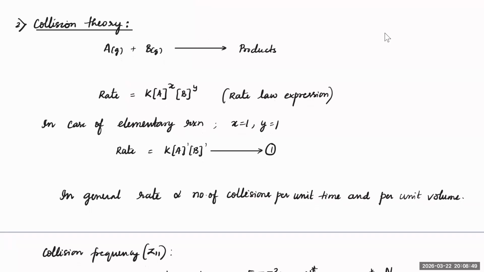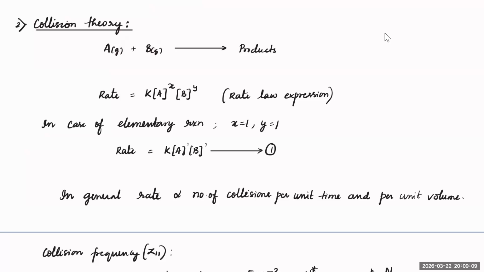Now, this was more empirically derived. Theoretically, we can also derive a similar formula using collision theory. Imagine there is a bimolecular collision, as in two molecules colliding with each other.